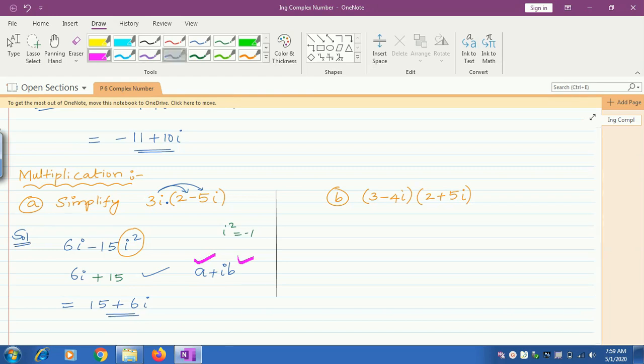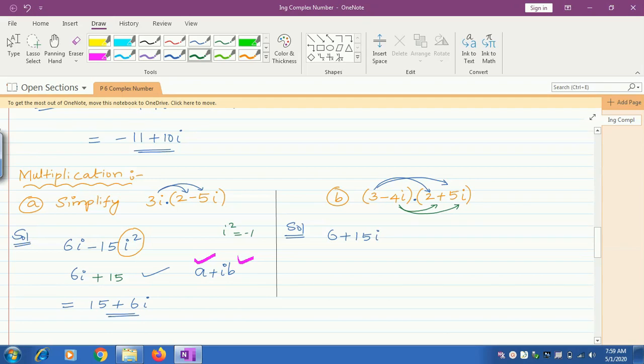And coming to the next one, here we also have a multiplication, right? So here take one term and multiply with both the terms. So what will we get? 3 into 2, 6, plus 3 into 5, which is equal 15i, and then next you have to multiply 4i with both the terms. So what you'll get here?